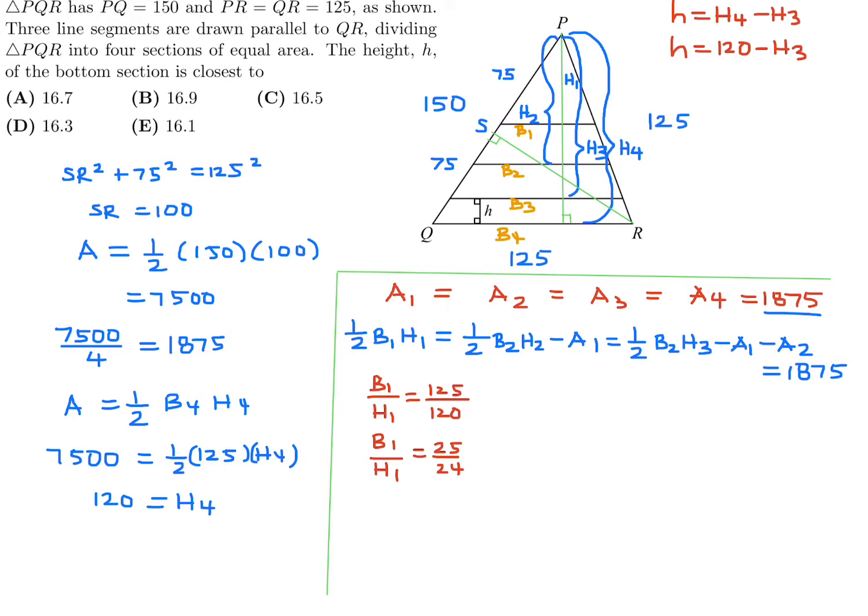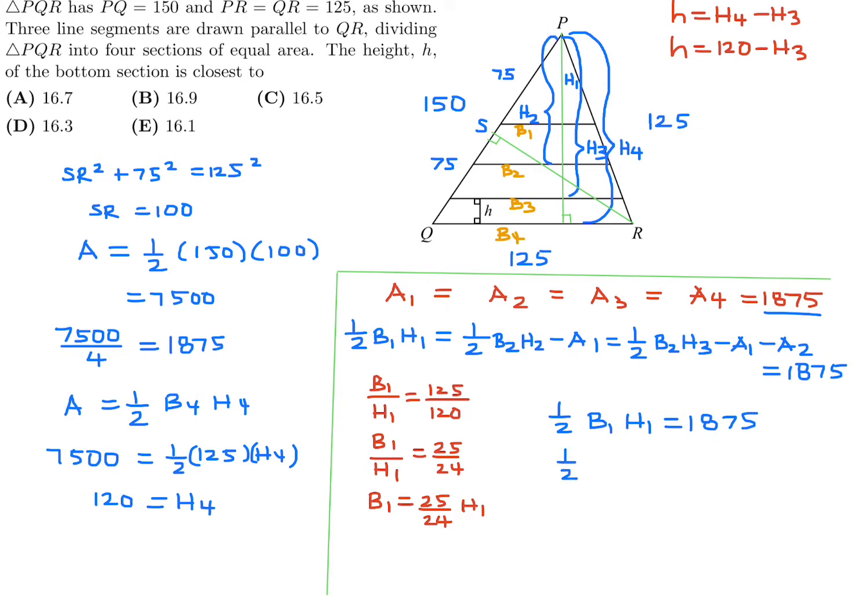So that means B1 is equal to 25 over 24 times H1. Now I can use this to figure out my value for H1. I've got 1/2 base times height: 1/2 B1 H1 is equal to 1875.